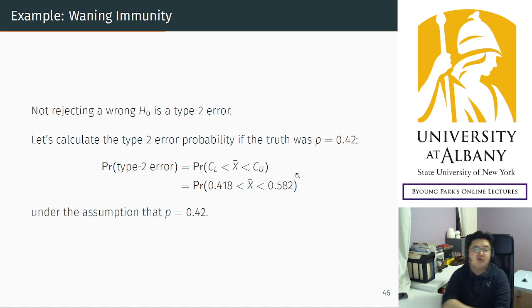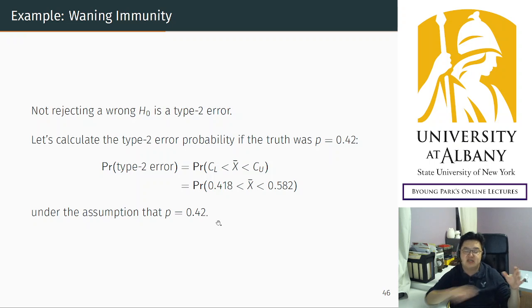So now, let's calculate the type 2 error probability under the assumption that the truth is 0.42. So the probability was actually 42%. That means the data had no random error, was very correct.